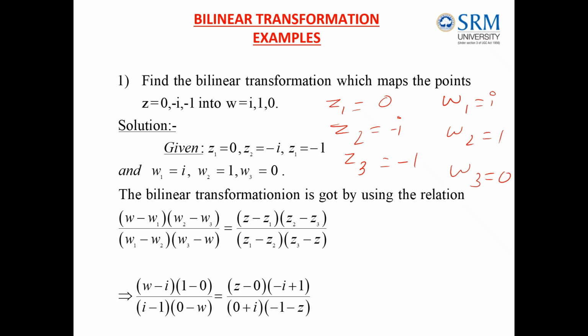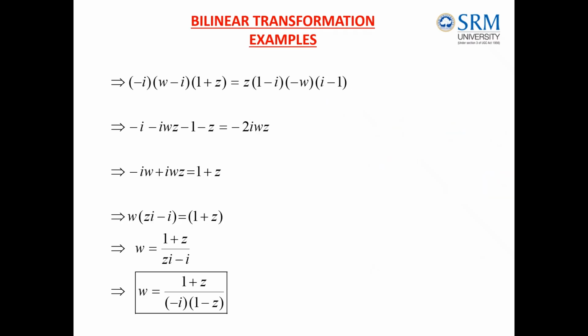After substituting, simplify further and express the bilinear transformation as W equal to a function of Z. We bring the W terms to one side and all other terms to the other side. Cross multiply, expand these terms fully, and collect the W terms on one side. Then you will get W is equal to (1 plus Z) by (minus i) into (1 minus Z). This is the required bilinear transformation.